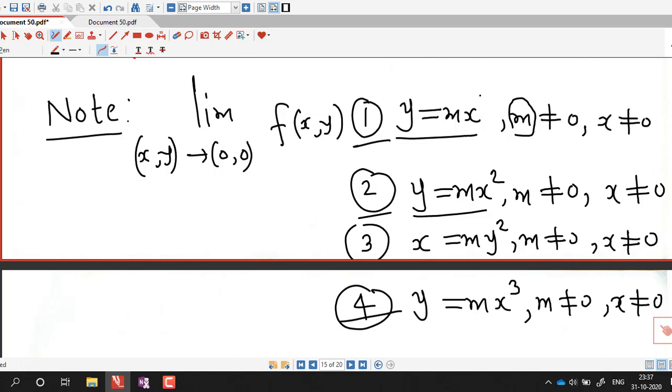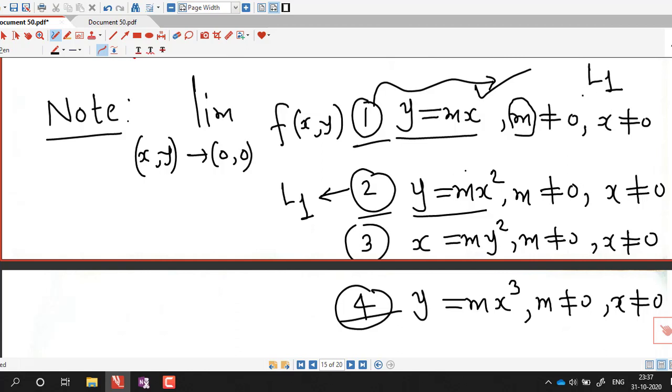Now if the limit is the same along all possible lines in path 1, and suppose the value of the limit is L1, then we have to check the limit along all possible parabolas. If the limit is L1, then we have to go for the next possible paths.